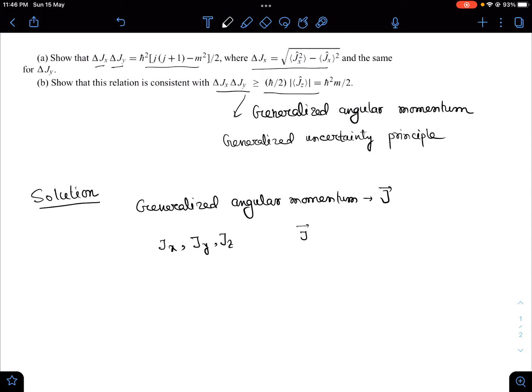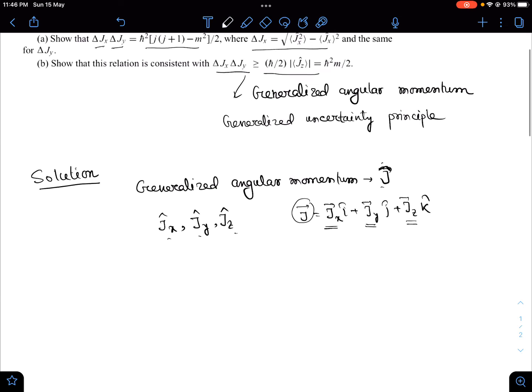We know that angular momentum is defined as this. These operators represent the observables: the x component of generalized angular momentum, the y component, and the z component.